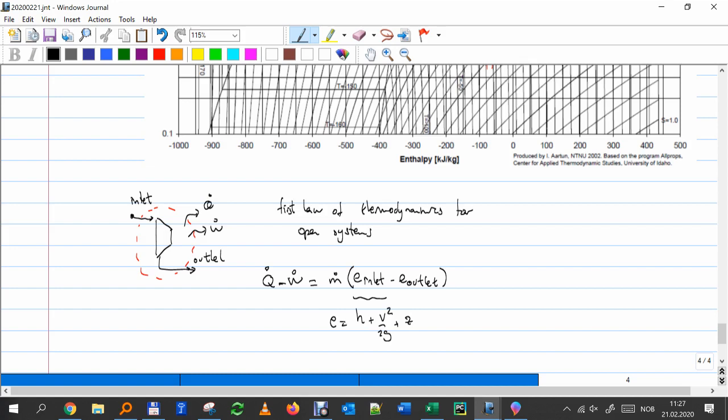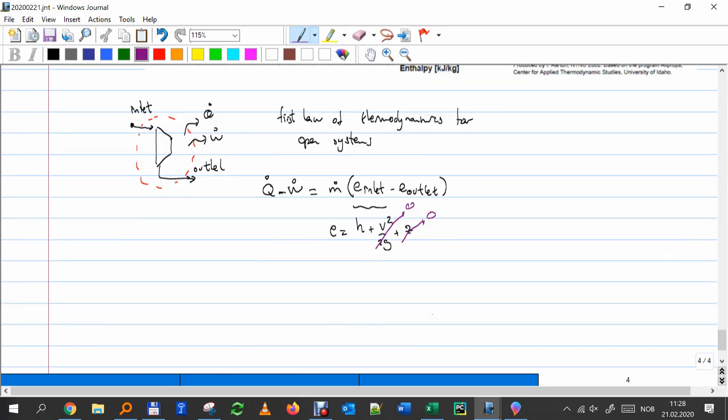That is E. And in a compressor or a pump, an element which is confined to a place, we usually neglect these two terms, so we end up with this expression. In a compressor we don't have much heat coming out, so we say this is equal to H inlet minus H outlet minus W. So it tells you the power that you need to compress, and this power is important for us.